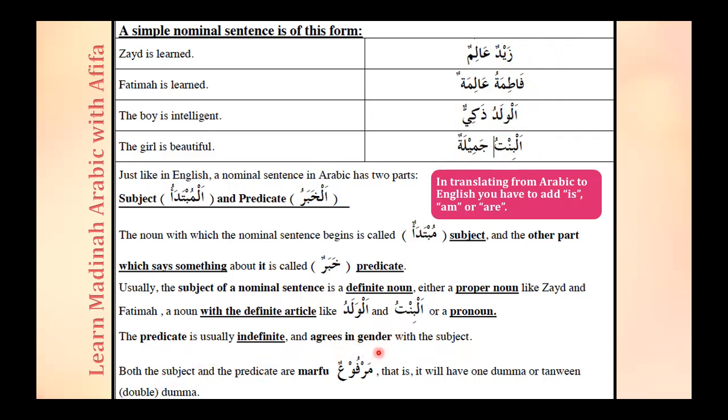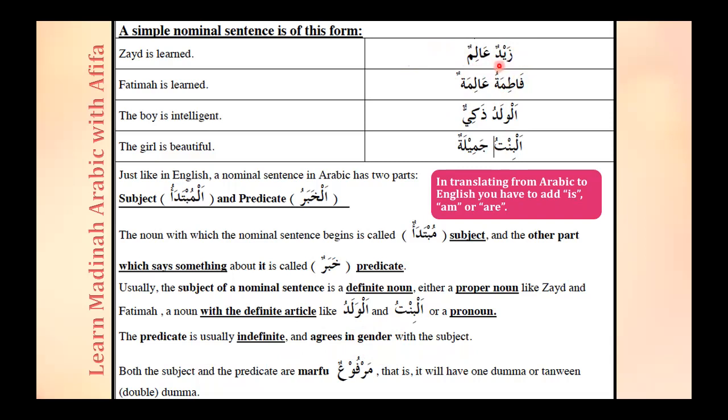I know we have not studied gender, and gender is a separate lesson coming up soon, but just briefly, so you have this idea in your head, that the predicate matches the subject. What do I mean by that? Matches. So Zaid is a boy, right?